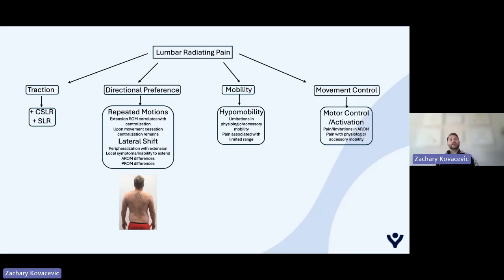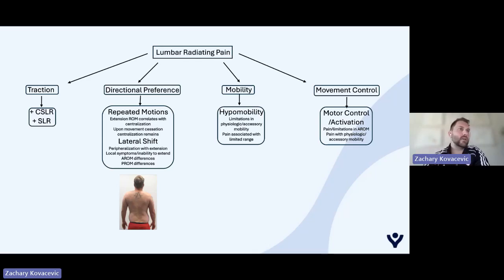The lateral shift, though, is a little bit more tricky, right? You can see a picture of a lateral shift there, which we'll get into more understanding of in the coming slides. A lateral shift is essentially similar to our conversation before about directional preference. The individual may peripheralize with flexion, but upon attempting to extend to centralize symptoms, there's a barrier, a blockade, a stuck feeling, where they might peripheralize when they try to extend, or they just can't because there's an inability to extend to create that environment to centralize.